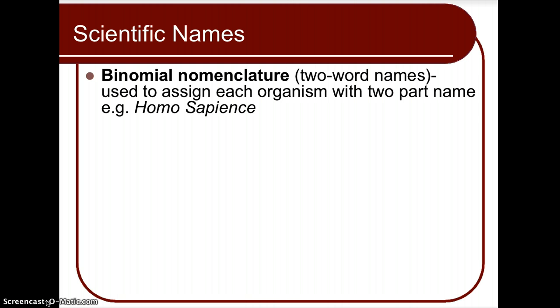Just a few things that I'd like to point out to you and jot this down. If you are going to write a scientific name, what you must do is capitalize the genus name. So the genus name is the first name, so that would be Homo. You're going to capitalize the letter H. The second and third name, if one should exist, would be lowercase.